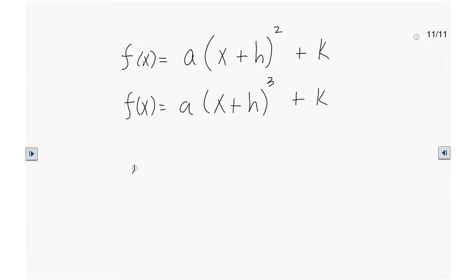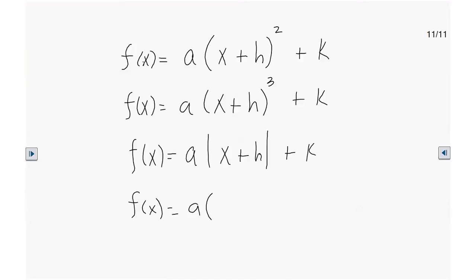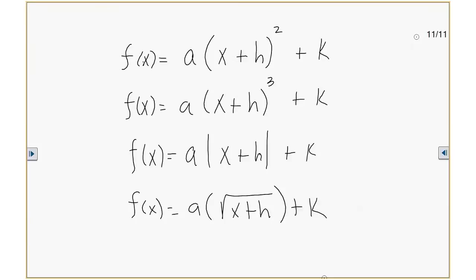It could be f of x equals a times the absolute value of x plus h, plus k. It could be f of x equals a times the square root of x plus h, plus k. Do you notice that all of these look like some of the parent graphs? Your objective in Unit 1 and Unit 2 is that when you see this form, you know what the a, the h, and the k mean.